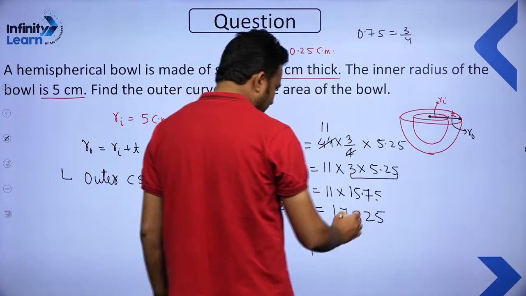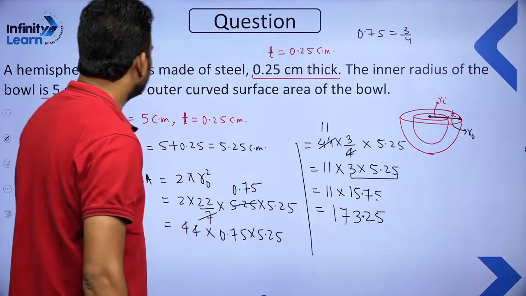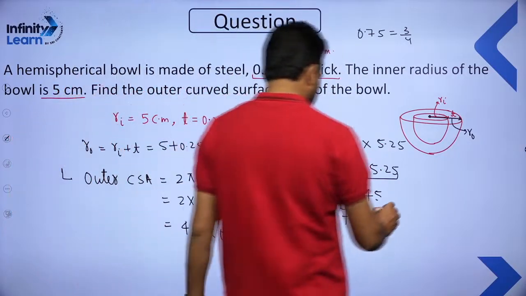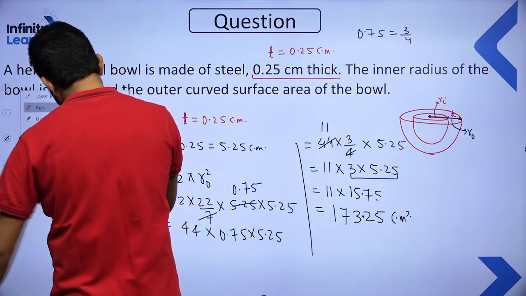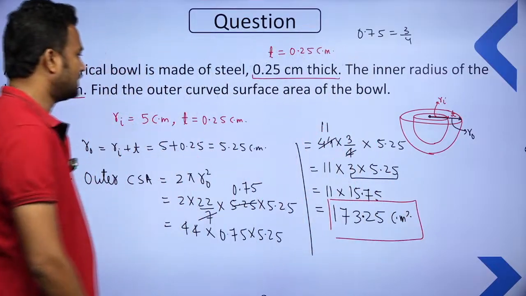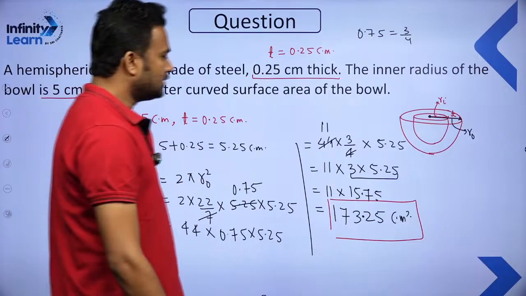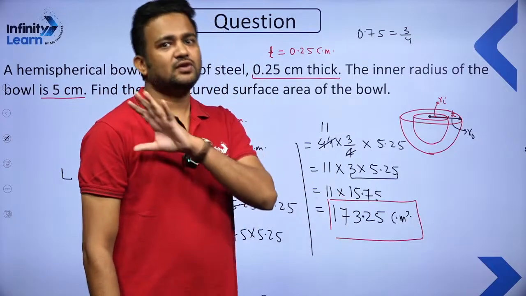So let us put the decimal at 2 places from the left hand side. So 173.25, unit will be centimeter square. So this will be the final answer, right? Again guys, please check the calculation. Okay, so this will be the final answer, 173.25 centimeter square.